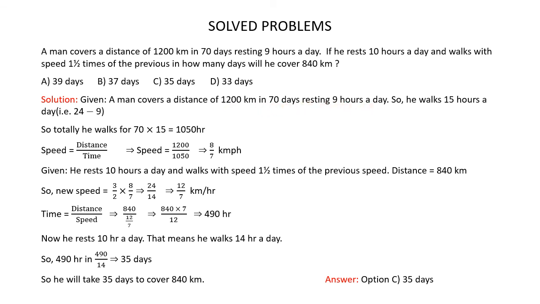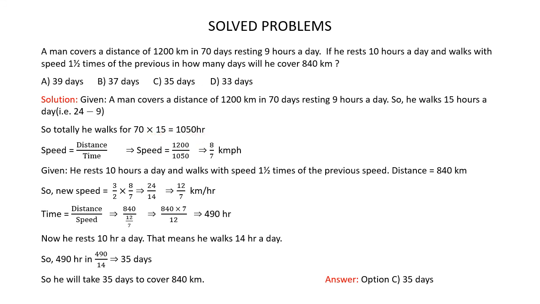Now we know that there are 24 hours in a day. So if he rests for 9 hours, it means that he is walking for 15 hours a day. He walks for 70 days. So in one day he walks 15 hours, which means in 70 days he walks 70 multiplied by 15, which is 1050 hours.